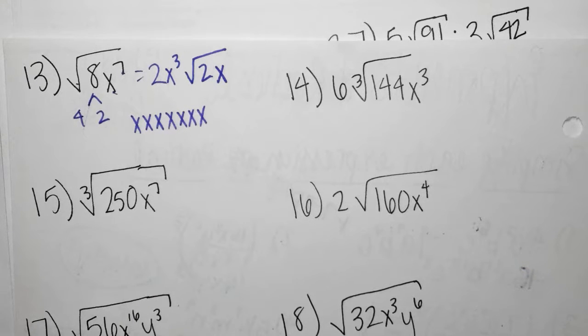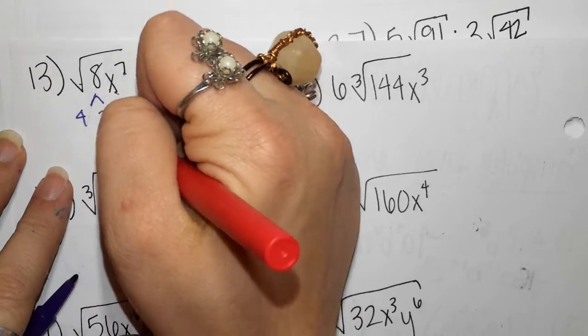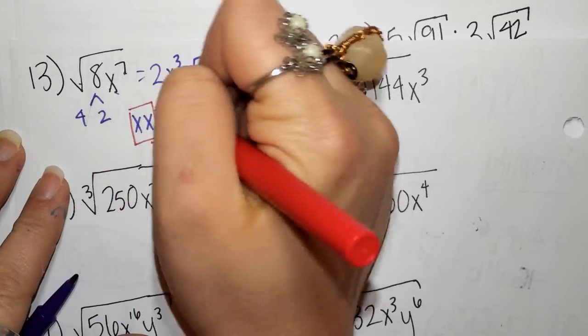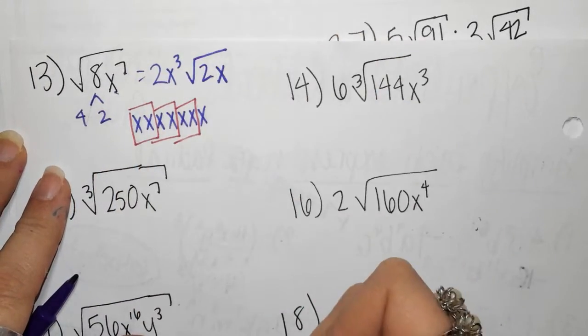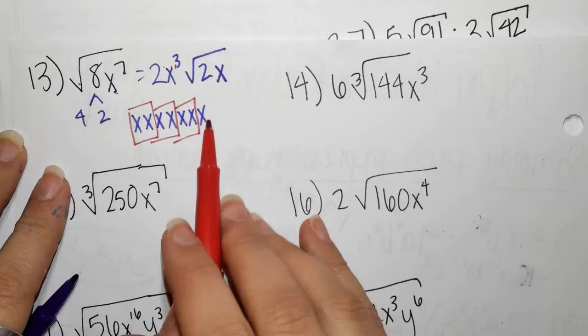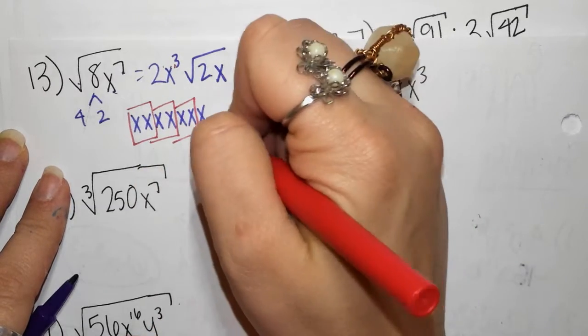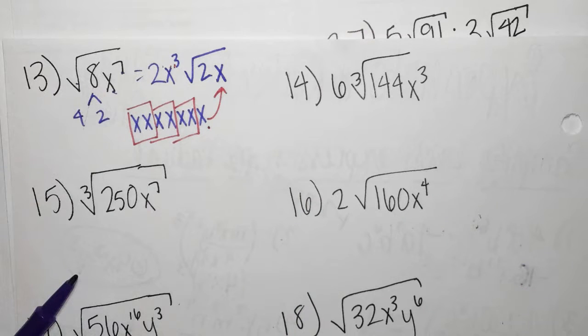The square root. So we need groups of 2. So we have 1 group of 2, 2 groups of 2, 3 groups of 2. So that's where the x cubed came from. How many do we have left over? So that's where the x came from. So if you need to do that, do that. No judgment. All God's children. Does that help?